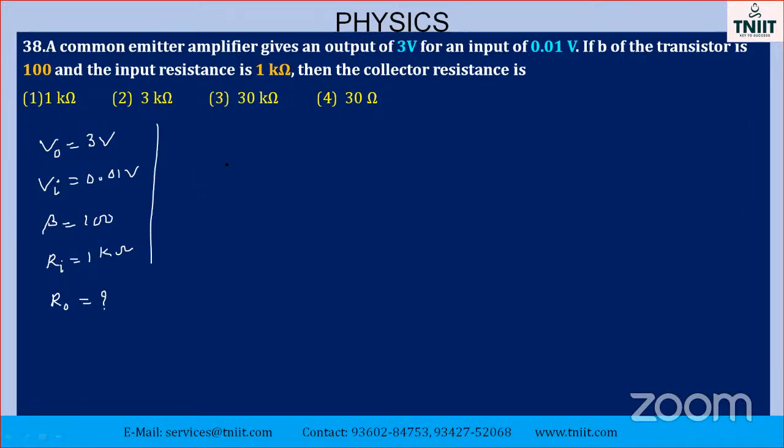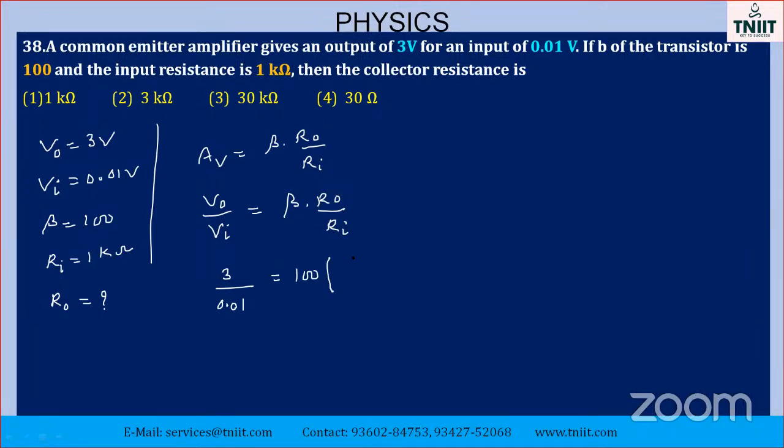How do you define the voltage gain? Voltage gain in the common emitter is given by beta into output resistance by input resistance. Voltage gain means output voltage by input voltage, which is equal to beta times of R0 by Ri. What is output voltage? 3. Input voltage is 0.01. Beta is 100.